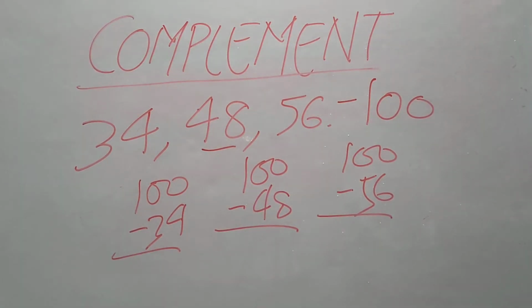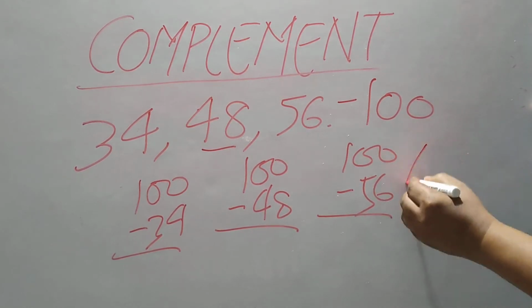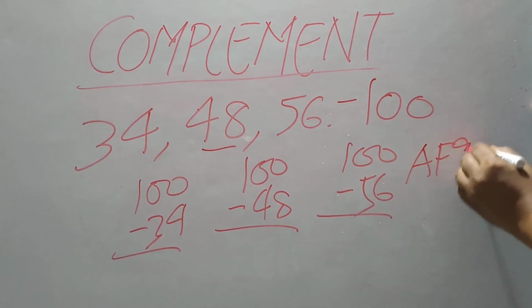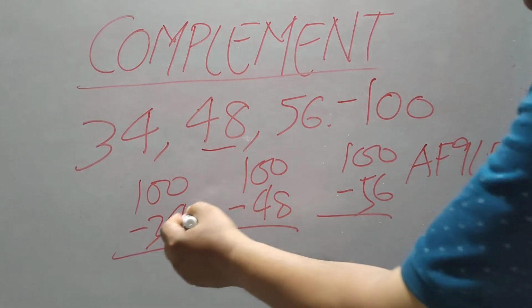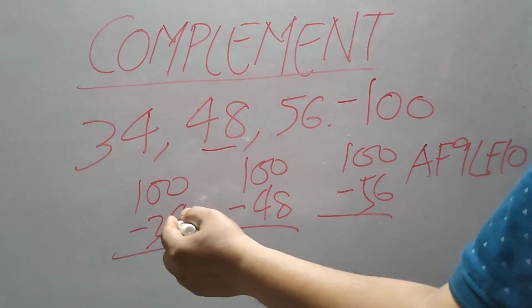It is called Nikhilam Navatashcharamam Dashatah. It means all from 9, last from 10. It is called AF9 LF10. AF9 LF10 means all from 9, last from 10. It means I have to subtract the last digit from 10 and all the further digits from 9.